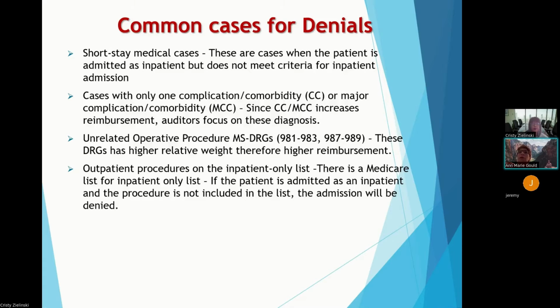These DRGs have a higher relative weight, therefore higher reimbursement. And I think most hospitals, if I'm not mistaken, I know at Henry Mayo where I worked, the coding supervisor would have this in a QA pool prior to the claim being submitted for billing. And there was always a flag for these particular DRG assignments.